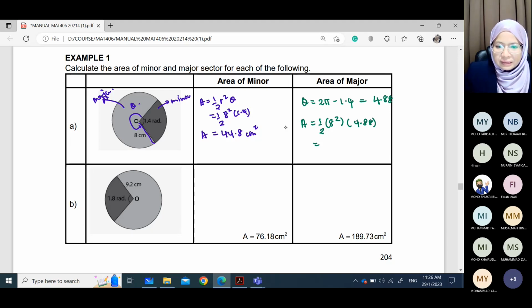Radius is 8 cm. Okay, so the answer here is 156.16 cm squared. So maknanya keluasan bagi major sector adalah 156.16 cm squared. Ni kalau kita guna unit cm lah.